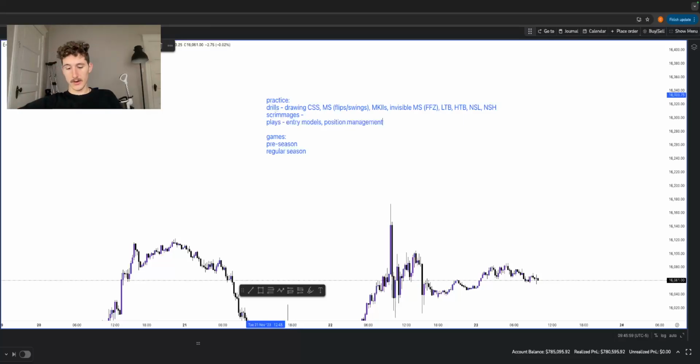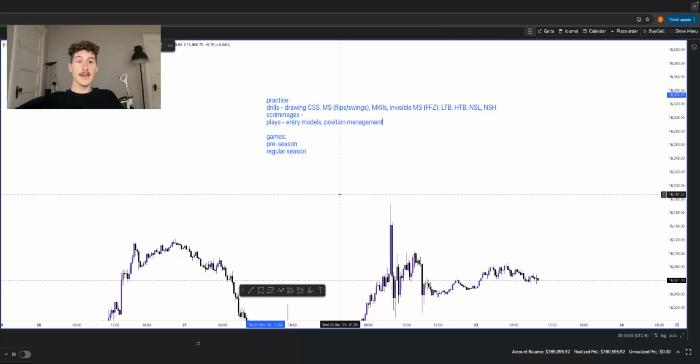So if one of your entry models happens to require a sweep of a specific liquidity level, like the Mark II or any of these four, or certain levels inside of a fake flip zone or inside of a flip or a swing or whatever it is, right? Then after that, first you need that, then you need some sort of strong reaction, then you need some sort of lower frame flip, and then you need on this time frame some inversion of a fair value gap or something like that.